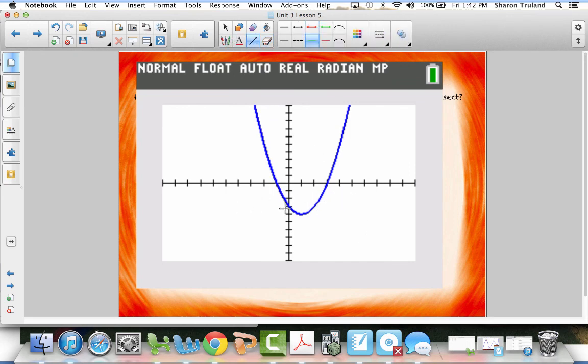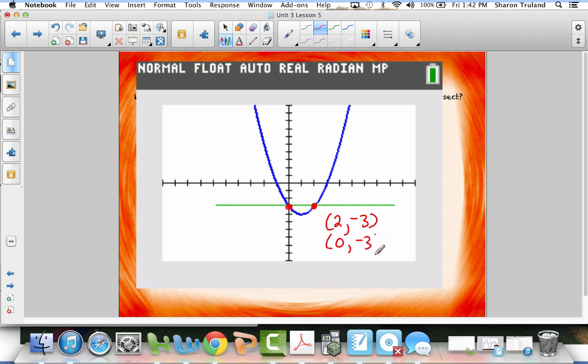Y equals -3 is right here. And how many times does that green line cross that blue line? Twice. We can look right here and we can see that it looks to be when I put a 2 into the problem, I get a -3 back. And when I put a 0 into the problem, I get a -3 back.